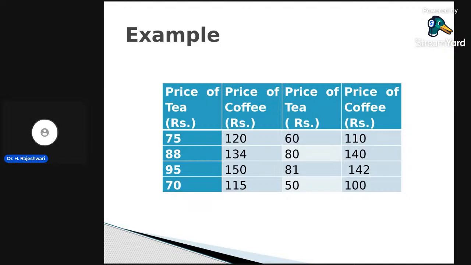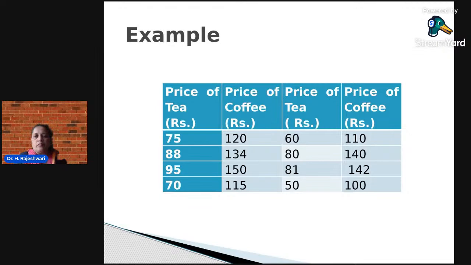If you have the study material with you, please check it and get it corrected. Here, actually, what is the number of observations? Can any one of you tell me the number of observations?